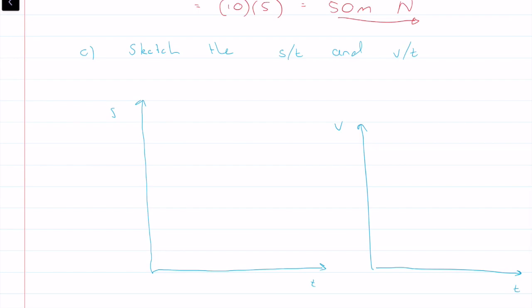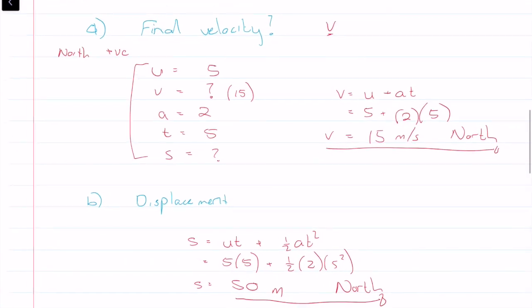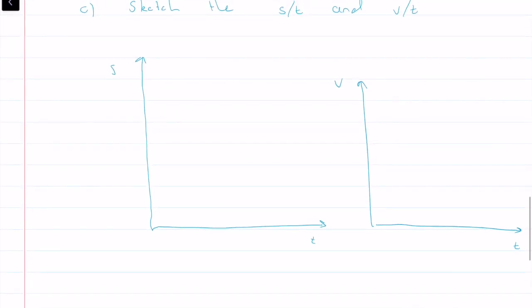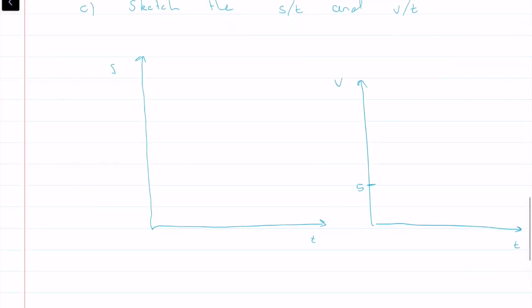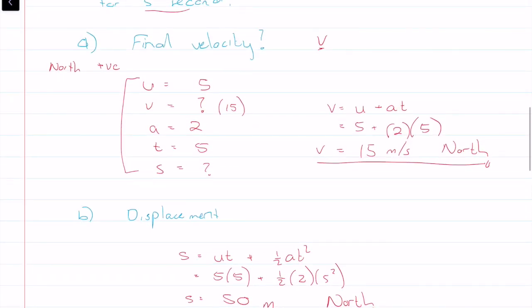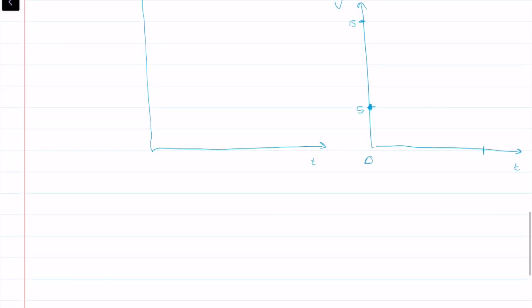Actually, it might be easier to start off with the velocity time graph because we know the initial velocity was 5, so we can put that in there. Then we know that the final velocity was 15, so that would be up here, 15. And we know that at time equals 0, the velocity is that. And at time equals 5 seconds, the velocity is there.